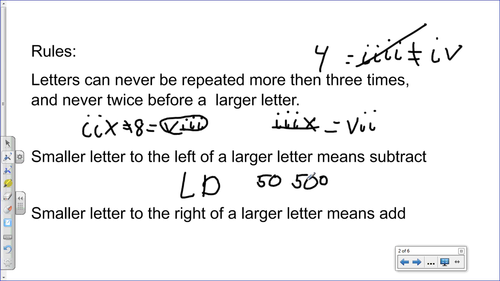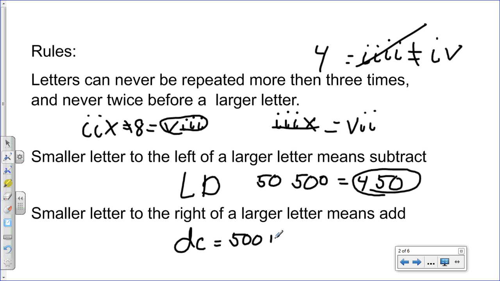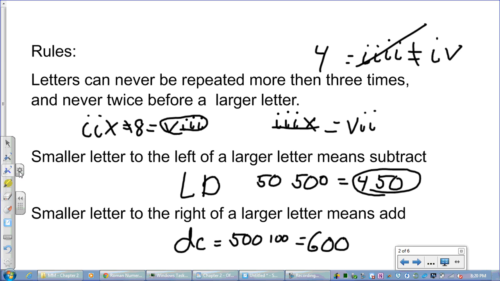The 50 before the 500 means subtract, so that answer is 450. If the smaller number is to the right of a larger number, that means add. So if I've got DC, the D is 500, the C is 100, the smaller number is to the right, therefore I add, so I get 600. So DC is 600 for us.